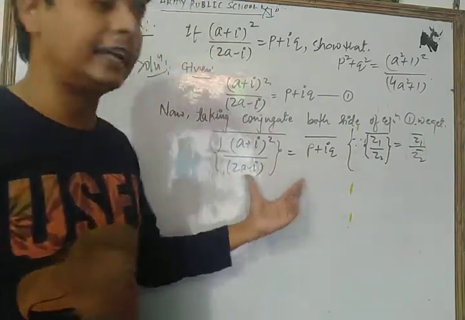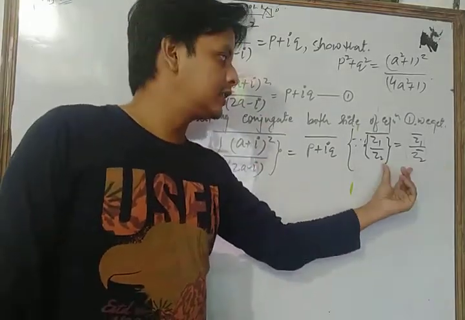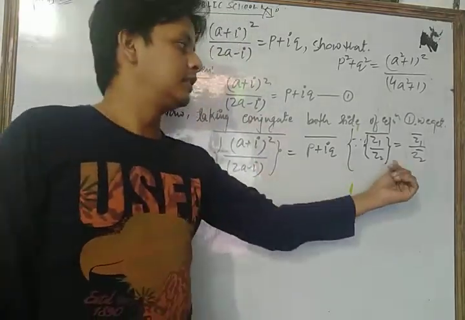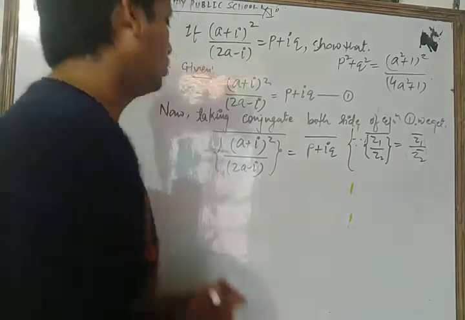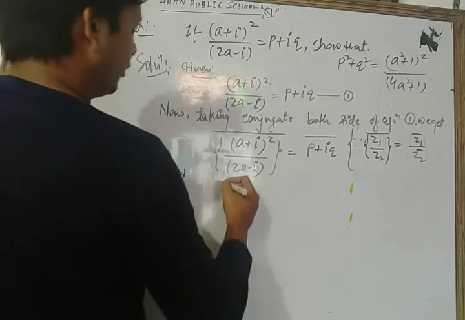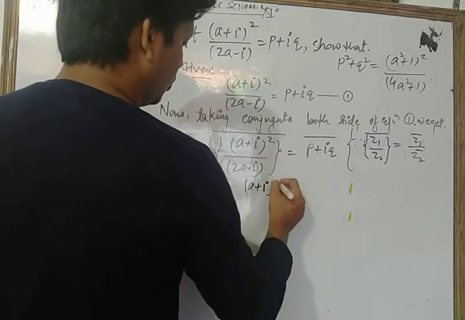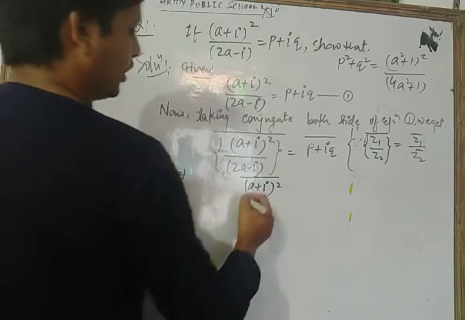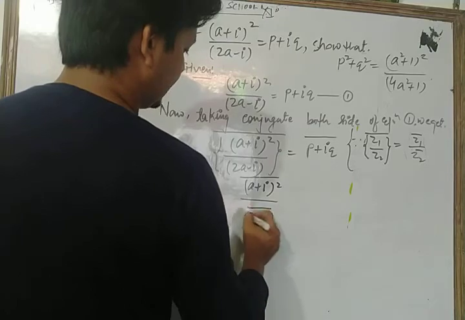So here, dear students, we use this property of the conjugate of a complex number, and we write it in the form of the bar of (a + i)² upon the bar of (2a − i).